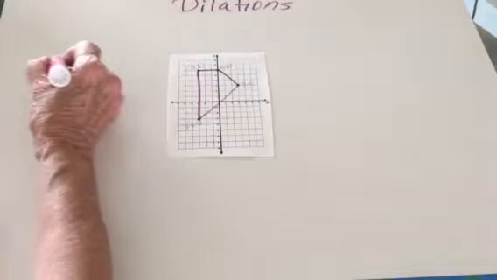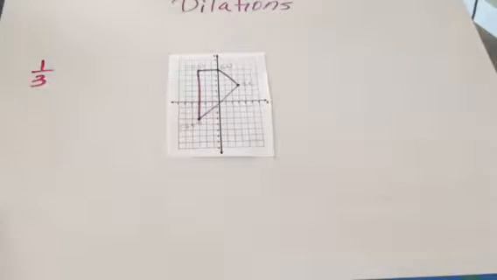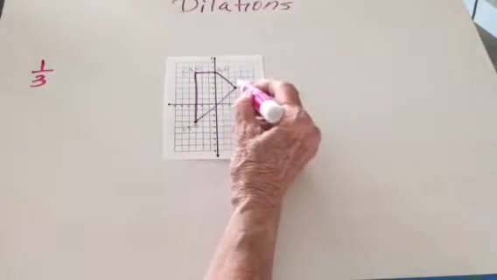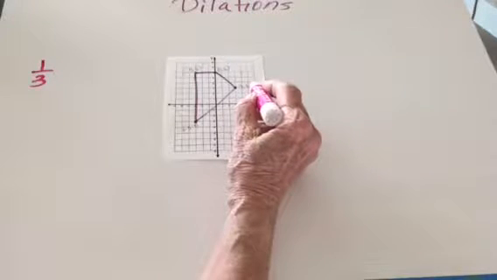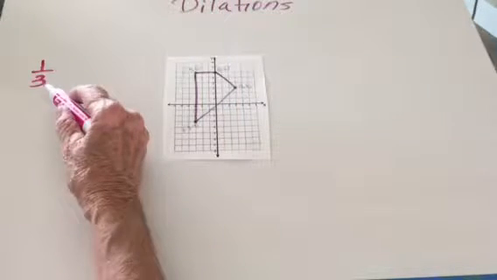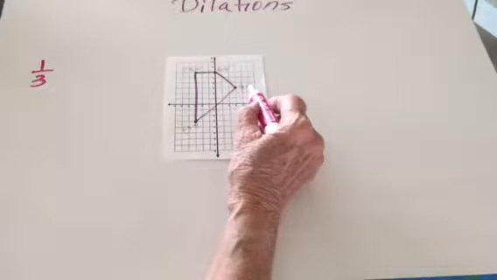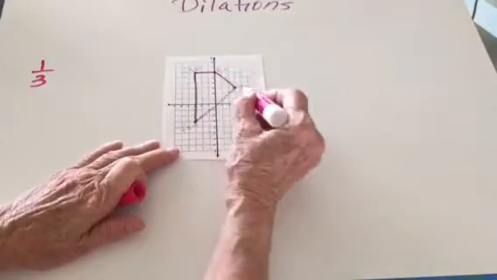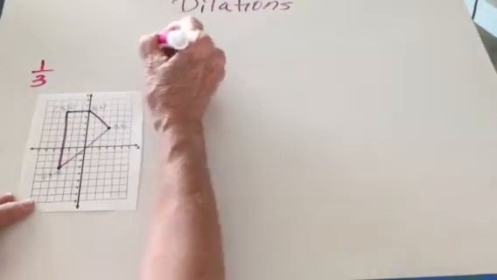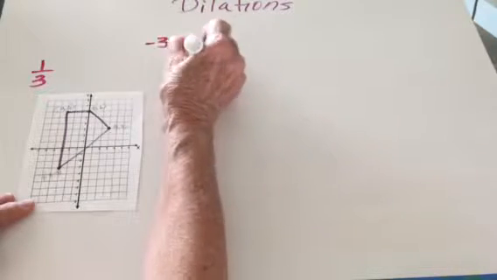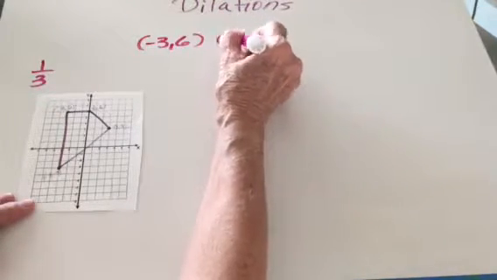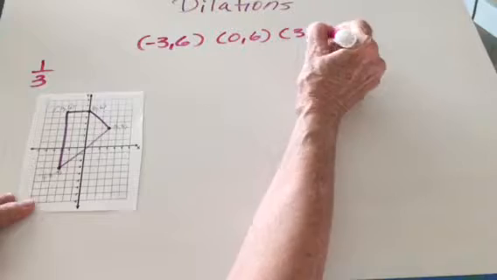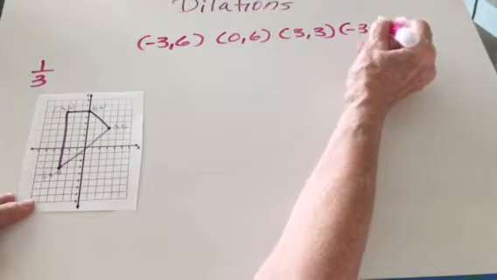What that means is I have to take every coordinate number, multiply it by 1/3, get a new coordinate point, and plot it. All right, so I'm going to write down all these points here for you. So I have -3, 6. I have 0, 6. I have 3, 3. And I have -3, -3.